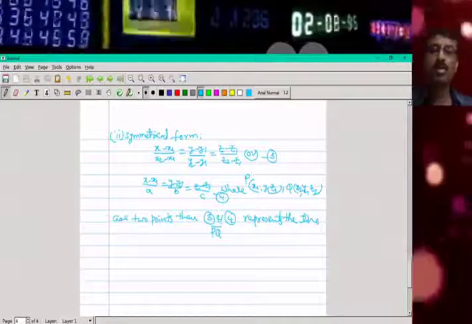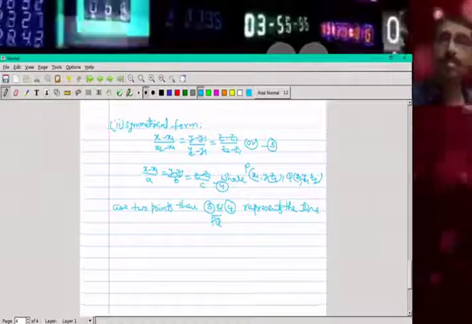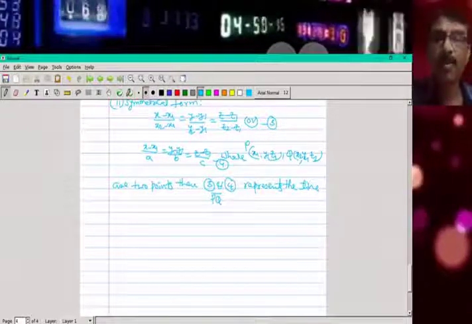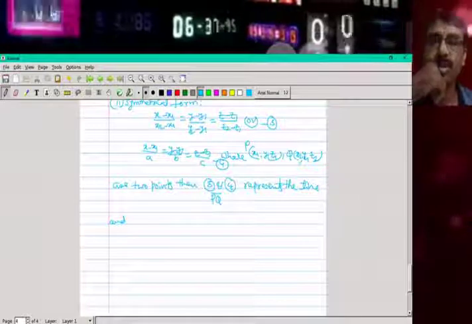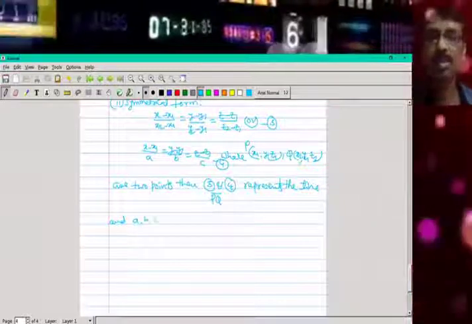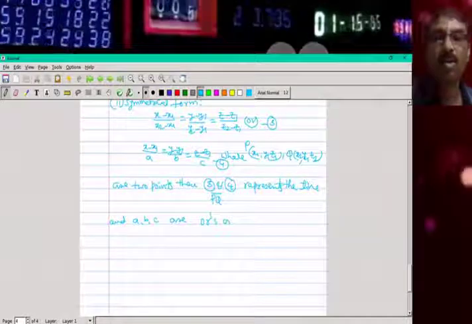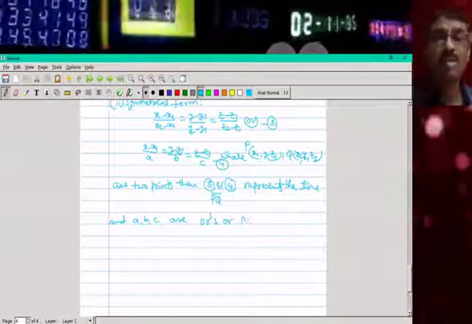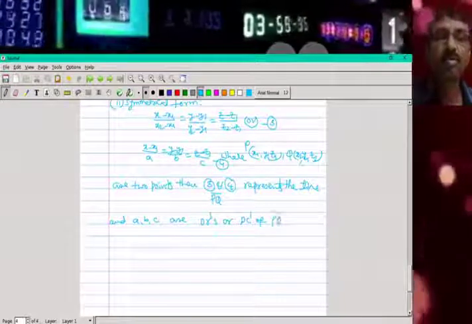So this is called the symmetrical form, and a, b, c are DRs or DCs of PQ, of the line PQ.